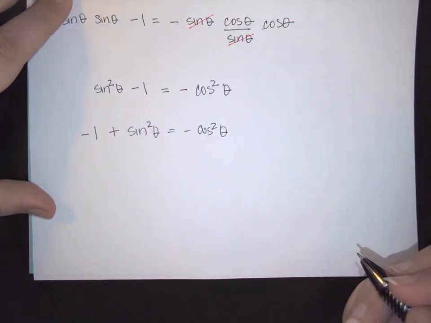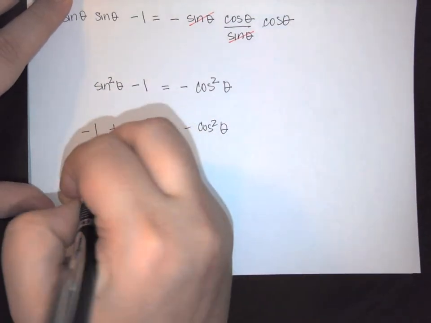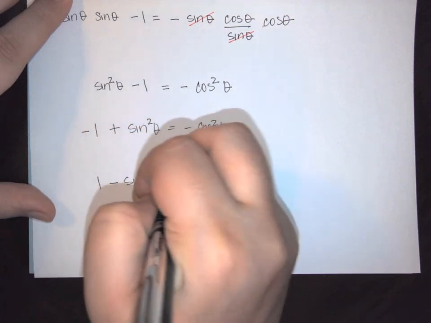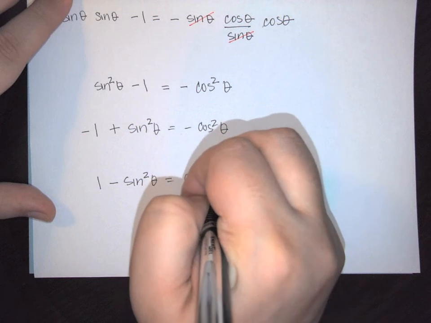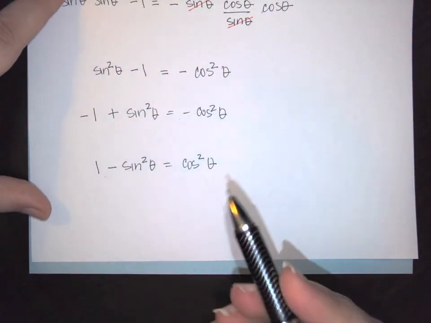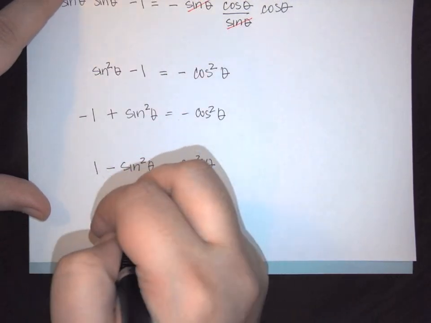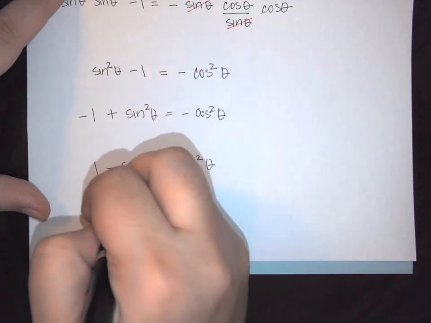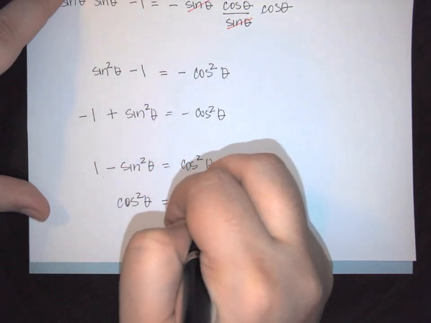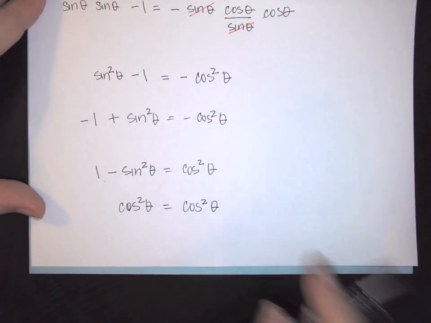Now, if I divide everything by the negative 1, everything flips its signs. This becomes 1 minus the sine squared of theta equals cosine squared of theta. And here, if you remember from your Pythagorean identity, 1 minus the sine squared of theta is going to be the cosine squared of theta, so cosine squared of theta equals cosine squared of theta, thus verifying your identity.